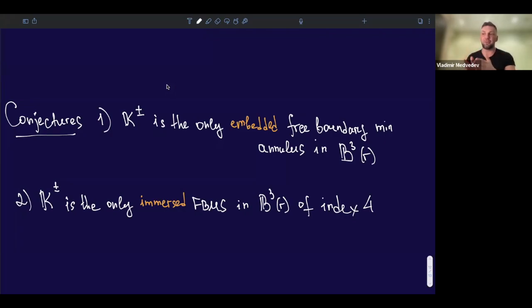So if you take any vector field, you can only consider its normal component, and you reduce the problem to normal variations. Yeah. Thank you.